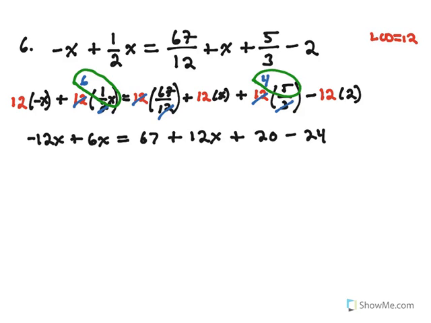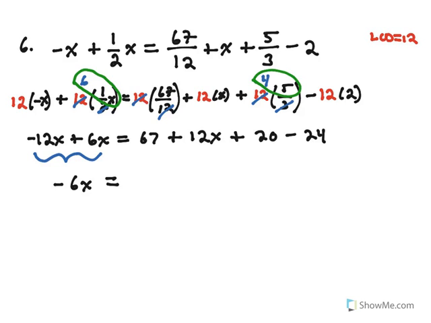All right, and we're going to have to do some combining like terms here, okay? So we're going to combine these two together. Negative 12x plus 6x is still negative 6x.